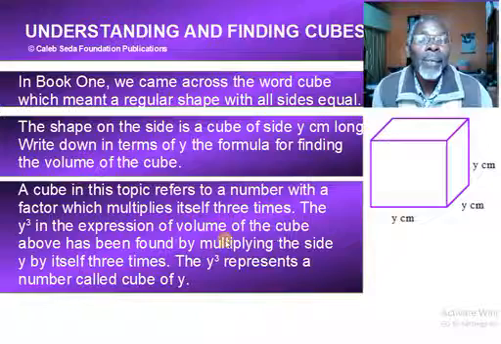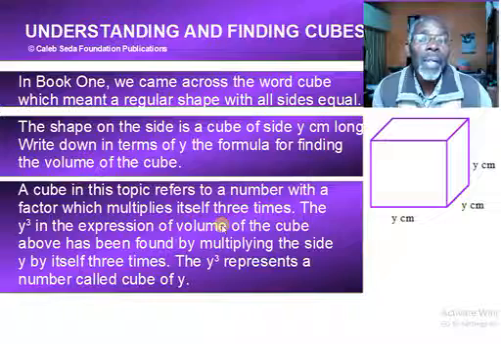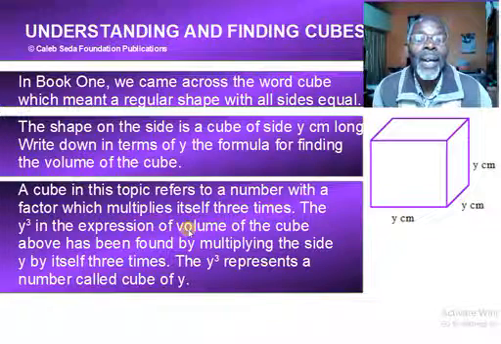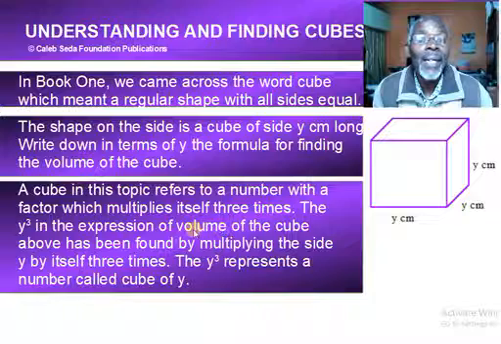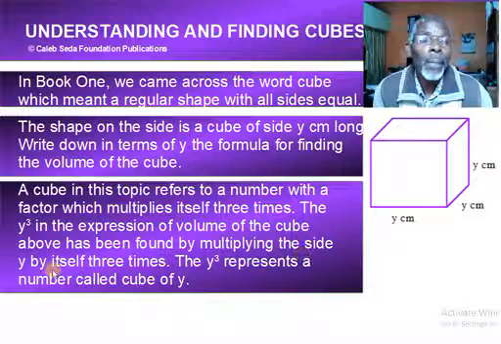From our understanding of solids or 3-dimensional shapes, we know that for this cube, the value of y times y times y is its volume. It has been found by multiplying the side by itself 3 times.